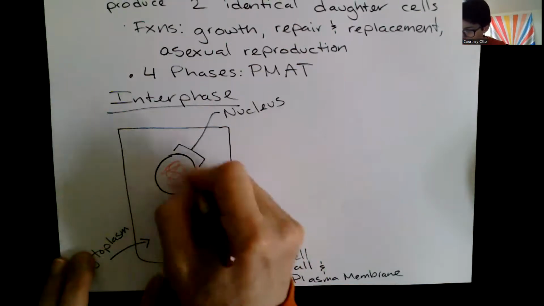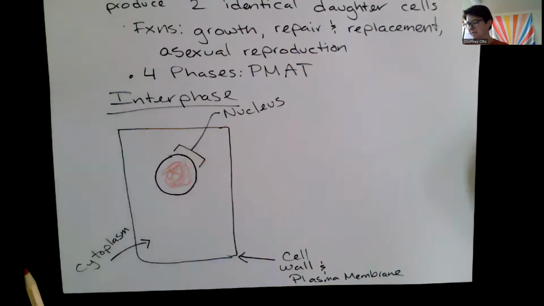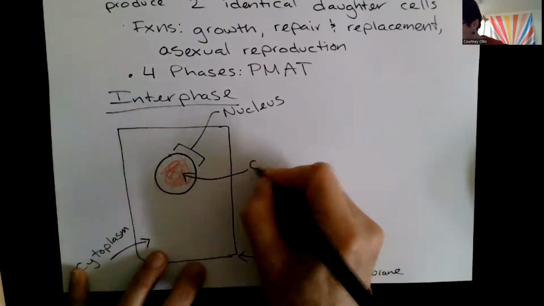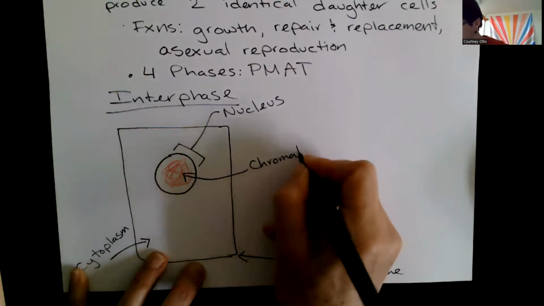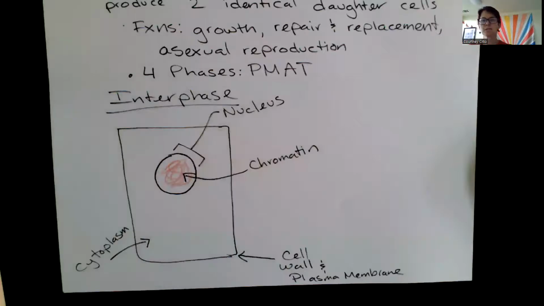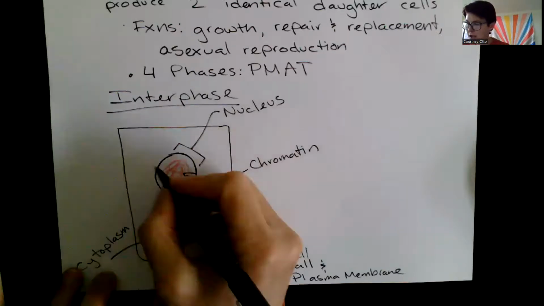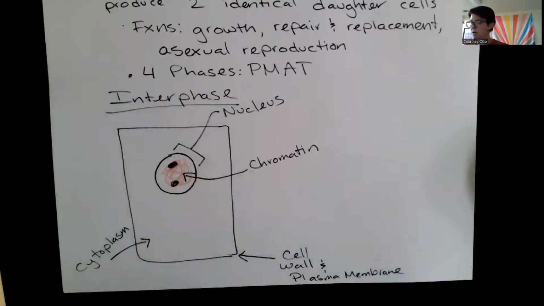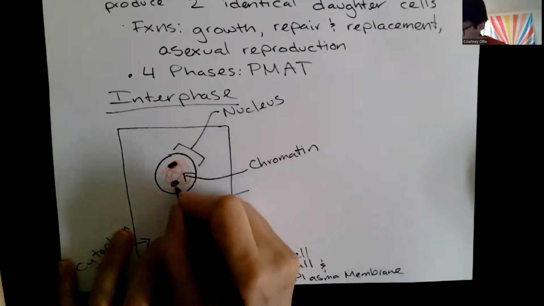And as far as what it looks like, we'll think of that very basic cell we saw on something like the red onion or the drawings we made. Our DNA is going to be in the form of chromatin. It's not going to be wound up into those visible chromosomes. And within that nucleus, we're going to find one or more of those nucleoli, or nucleolus singular.